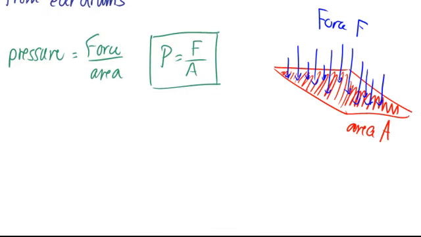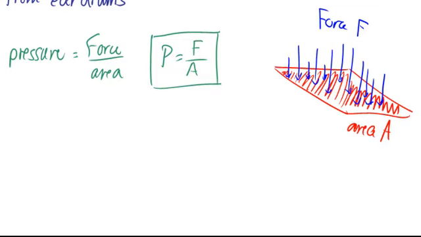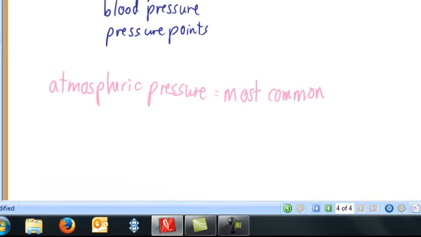We'll mostly be interested in gases and liquids, and we'll most frequently compare our results to the pressure that we're most familiar with, which is atmospheric pressure. We live in a world in which we're surrounded by air. As a result of the weight of that air, which is several miles above us, there is a force that's exerted on us.